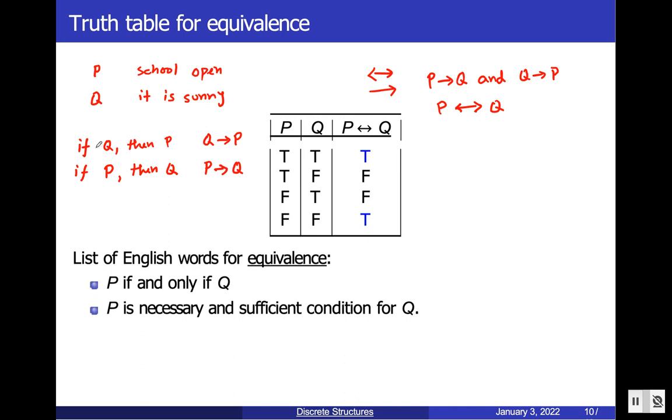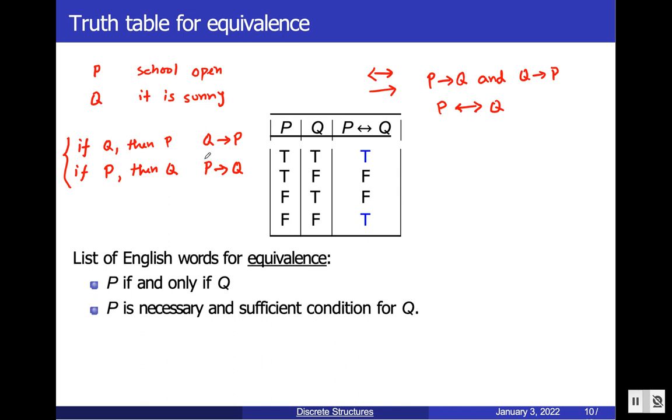If I combine both statements, that means school will open if and only if it is sunny. For any other condition, school is not going to open. So if Q, then P is true, and if P, then Q is true. If it is sunny, then school will open. If school opens, it means it's sunny.